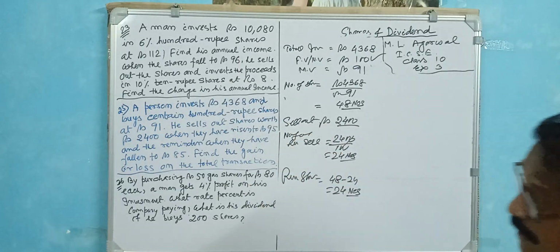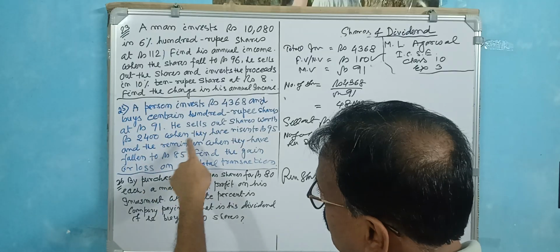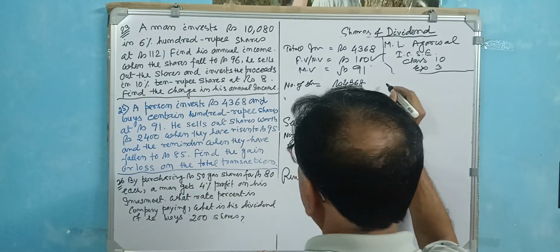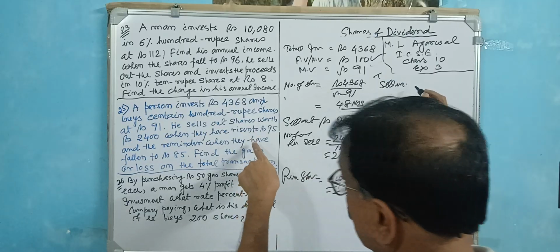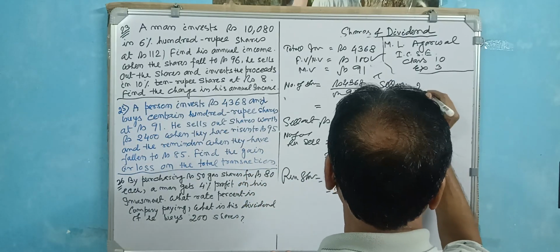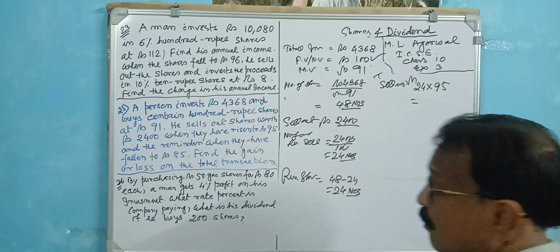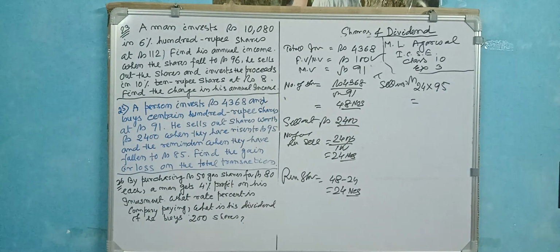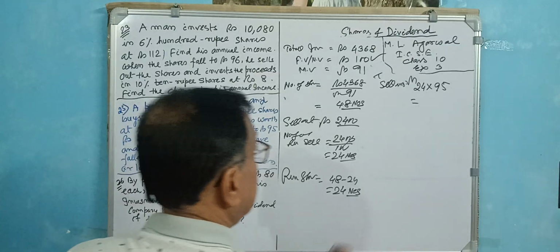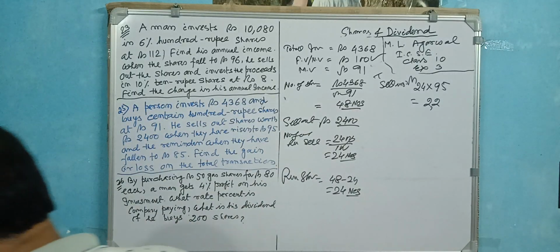Now when he sells the shares when they rise to 95, what is the selling price? The total selling price is the number of shares sold, 24, into 95. When he sells, this amount is collected. So 24 into 95 is 2280.